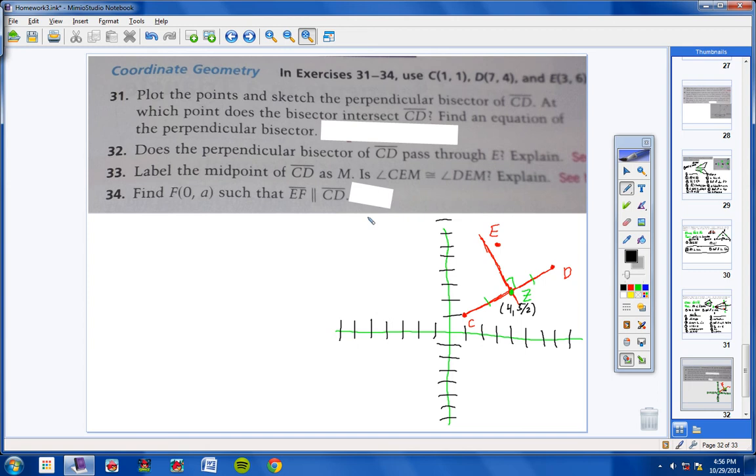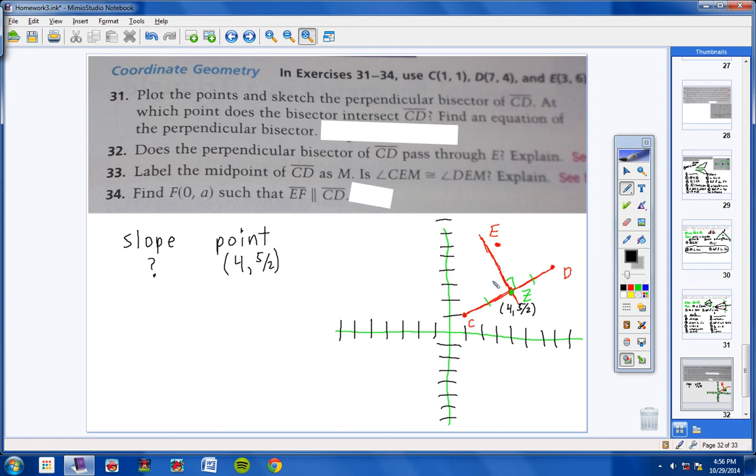Now, remember, students, listen to me carefully. In order to find an equation, we need what? Two things: slope, we've learned this before, and a point, correct? Now, we're trying to find the equation of this line here, correct? And we do know a point that falls on that line. Here it is. However, we don't know the slope of this line.